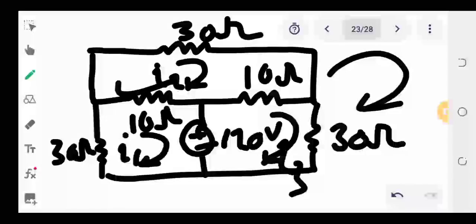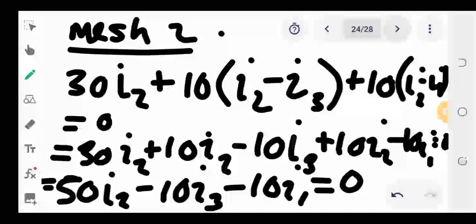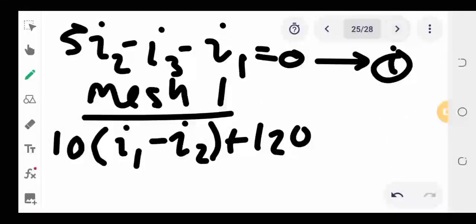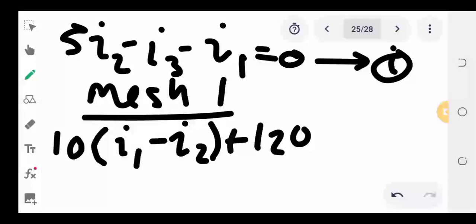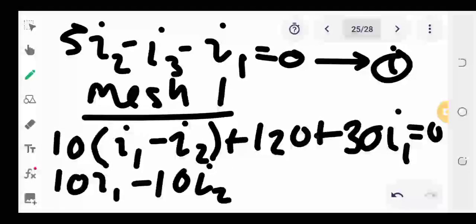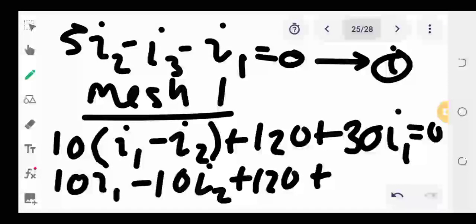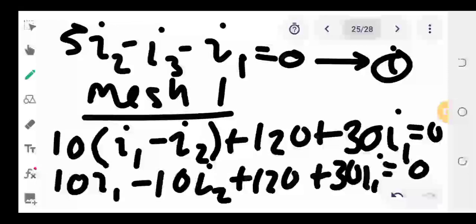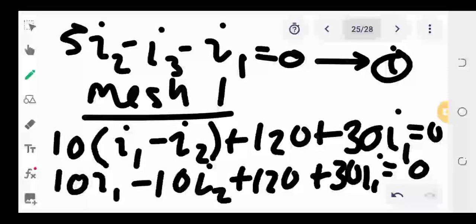Again, we have 120 there, plus 30 I1 equals 0. So we have 10 I1 minus 10 I2 plus 120 plus 30 I1 equals 0. So we can reduce this.